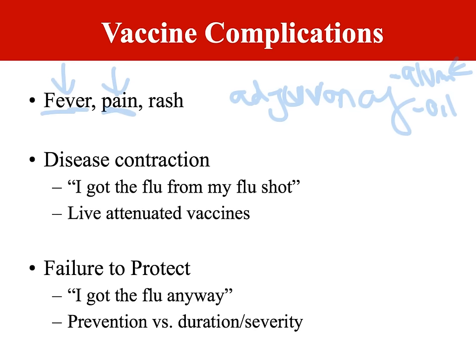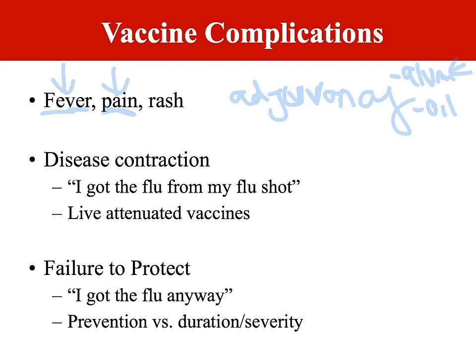That being said, one of the things that is rather reassuring about this fever and pain response is that it's working. This is what you've done, is create a very potent and strong immune response, and that's what you want to do. If you don't create an immune response, the vaccine has not done its job, right?